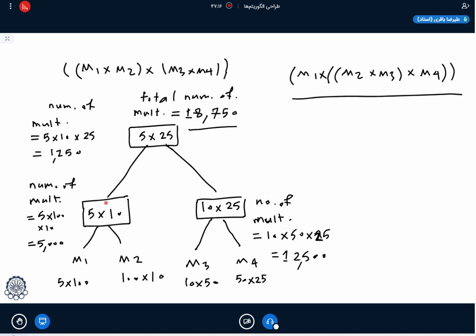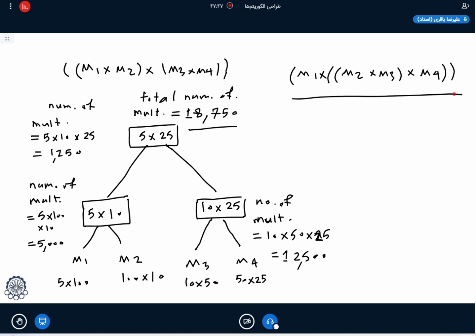The number of multiplications here is 5 multiplied by 10 multiplied by 25. So the number of multiplications here is 1,250. If we sum up these three, we get 18,750. This is the total number of multiplications that are done in this parentheses.